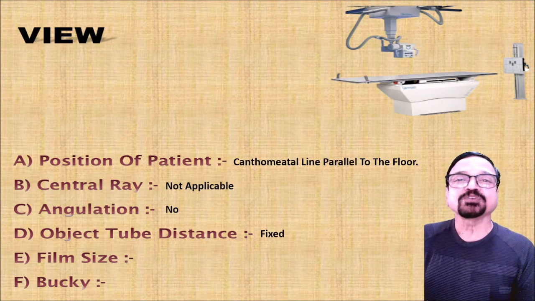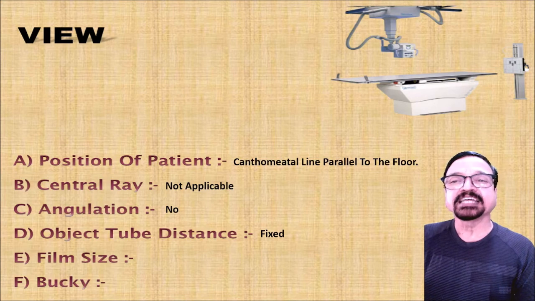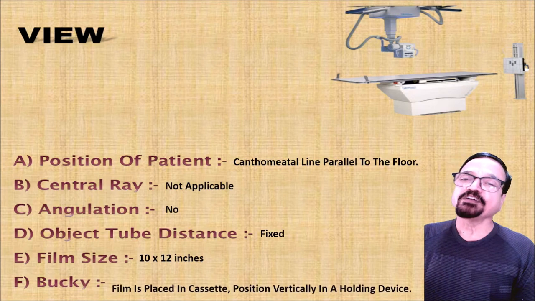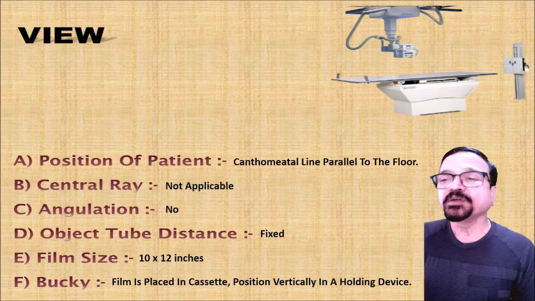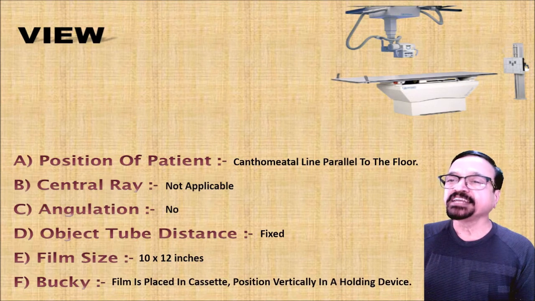Now the details of the OPG, the physics, the methods and how it works are projected differently. There is a different video made for this. The film size is 10 by 12 inches, but it depends on the cassette which you are fixing in the device.